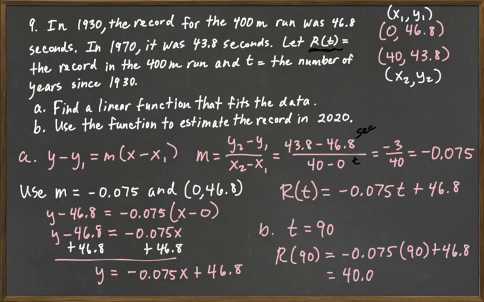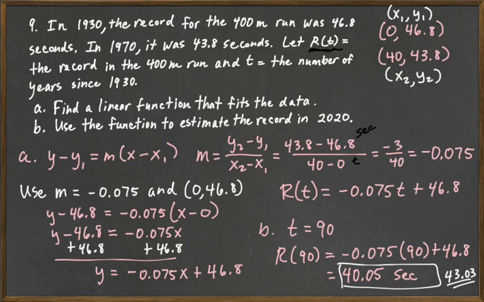And when you do that, you should get 40.05 seconds. And so based on this linear model, we're expecting the record to be about 40.05 seconds in 2020. In reality, it's actually about 43.03.